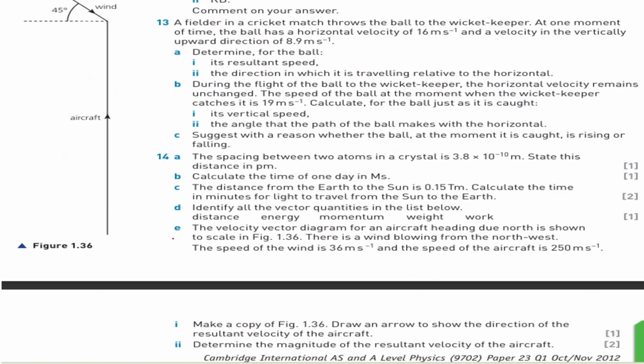Now in part E, they've asked: the velocity vector diagram for an aircraft heading due north is shown to scale in figure 1.36. There is a wind blowing from the northwest. The speed of the wind is 36 meter per second, and the speed of the aircraft is 250 meter per second.